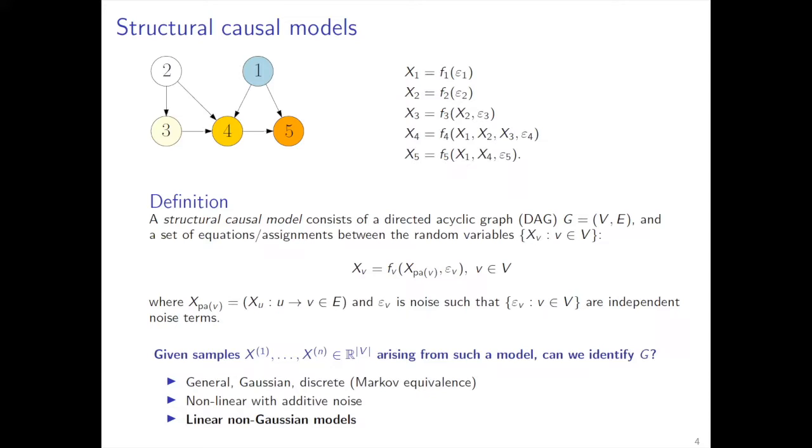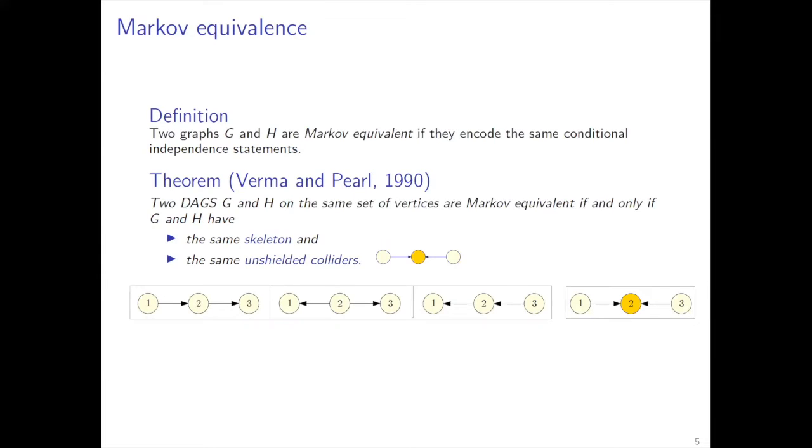But before I do that, I wanted to tell you what Markov equivalence is. What graphs can you distinguish from observational data in general? We call two graphs G and H Markov equivalent if they encode the same conditional independence statements.